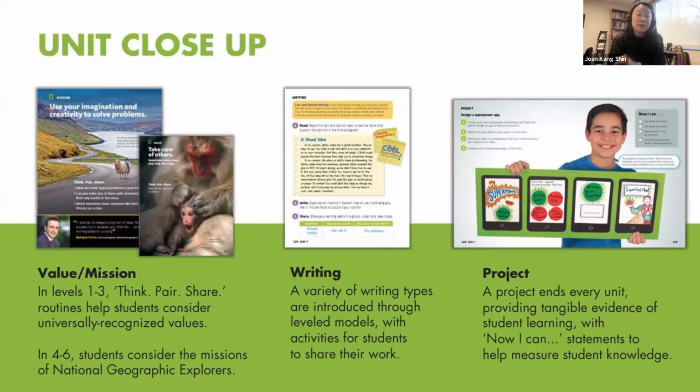And so here you can see that to encourage communication levels 1 to 3, we have think, pair, share routines to help them to understand these universally recognized values. And then in levels 4 and 6, the upper levels, we look at the missions of National Geographic explorers.